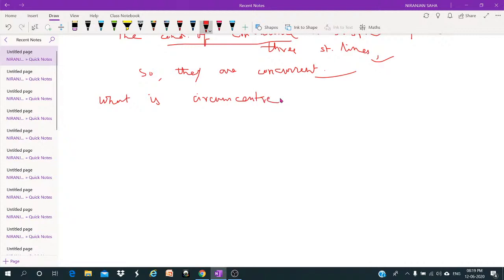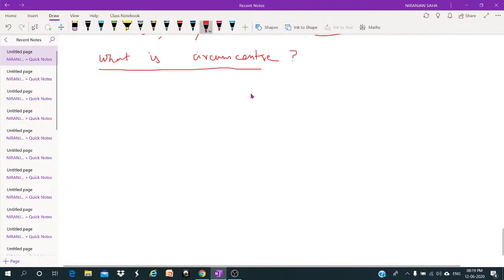It is found by geometrical tools that if you draw a triangle, any triangle, then if you take the perpendicular bisectors of each side, this is the triangle ABC.